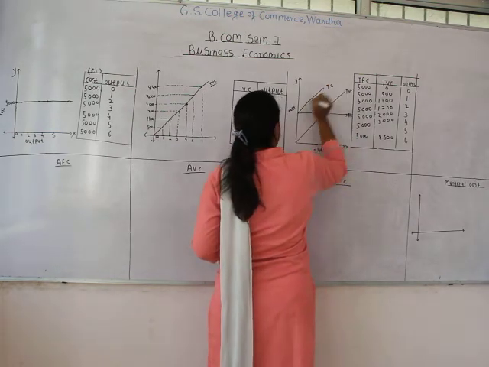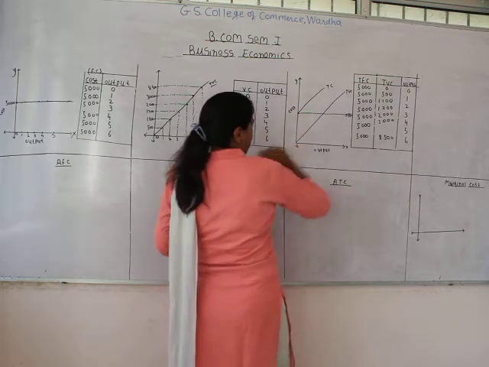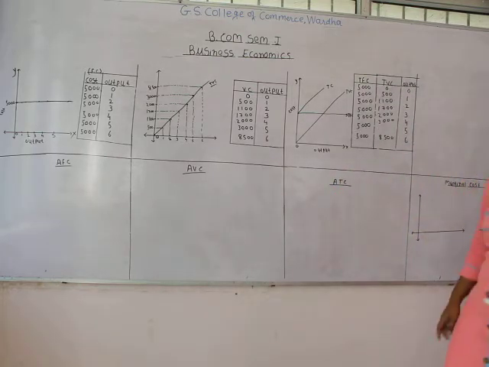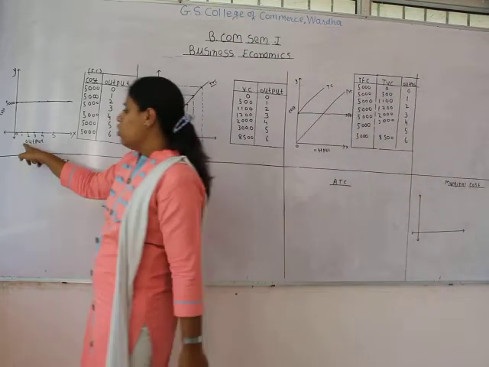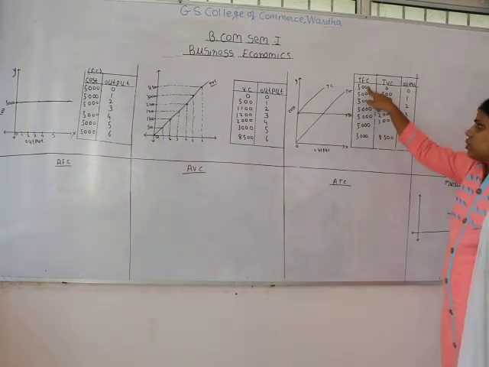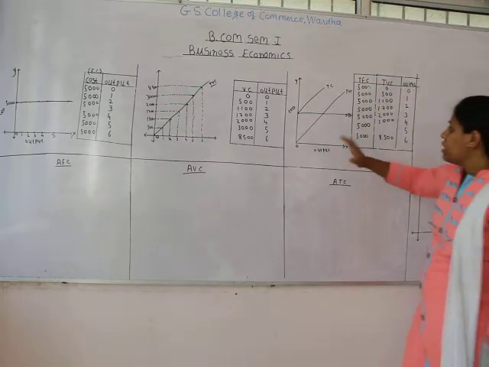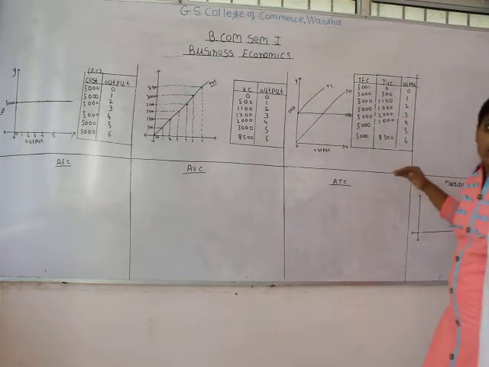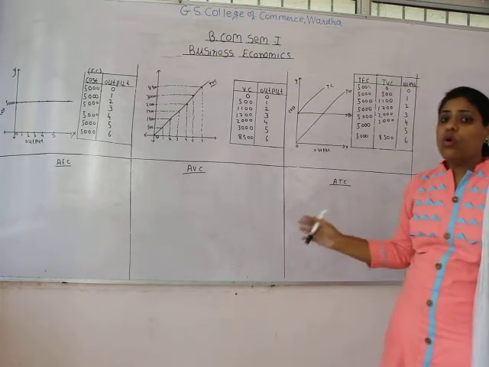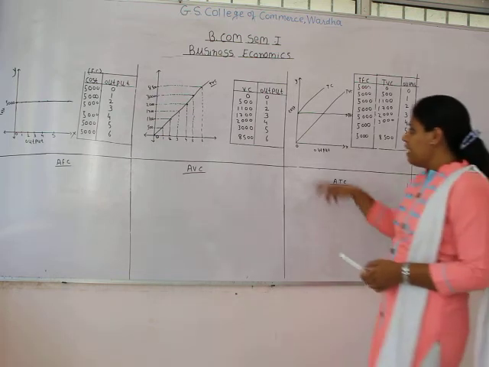Why will it start from this point and go upward? Because even when the level of output is 0, fixed cost is not 0, it's 5,000, as you can see. And variable cost increases with increasing output.